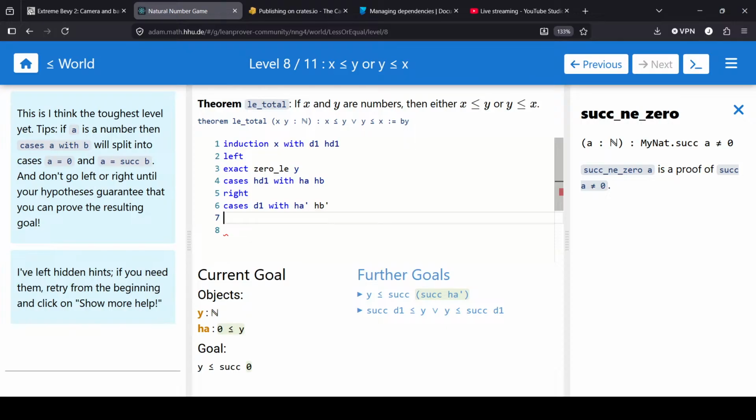But this says that 0 is less than or equal to Y. So that doesn't make any sense. Unless Y is 1. I need to do it on Y?